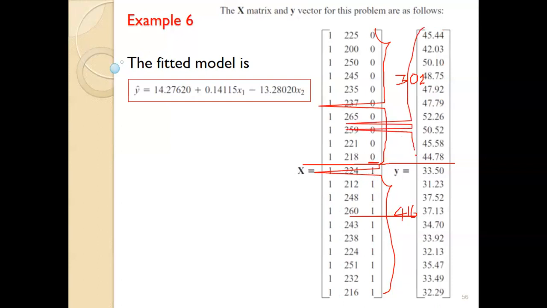This set is for 302, this set is for 416. And then you fit it with the same technique. This is only represented by x2, where we have two types: x2 is 0 for 302, and x2 equal to 1 is for 416.